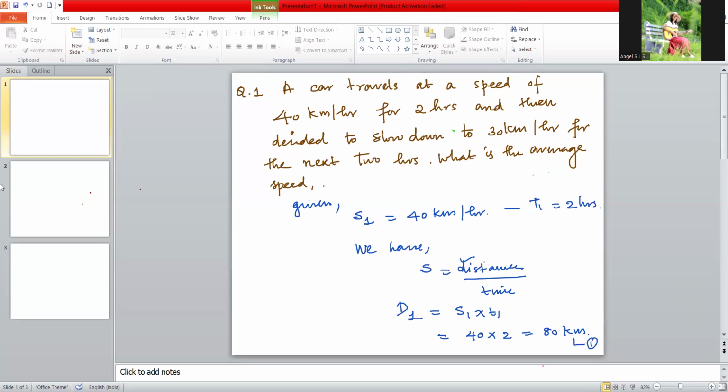Similarly, we have to find the second case, that is 30 kilometer per hour for 2 hours. What is S2 and T2? We'll keep D1 as 80 kilometer.